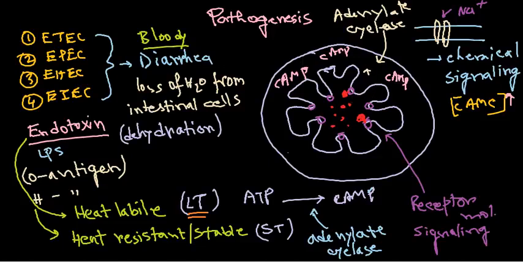So now they will start releasing the sodium as well as chlorine as well as water outside. So let me change the color here. So we have sodium, they kick this sodium, chlorine as well as water out from these microvilli cells inside the gut, and they will keep them flowing outside.